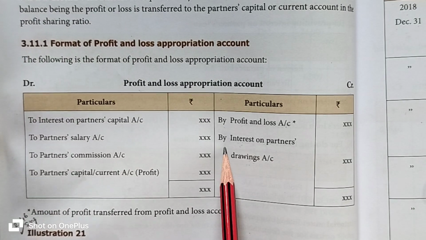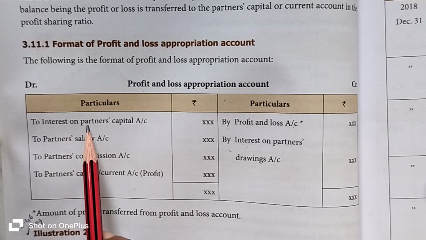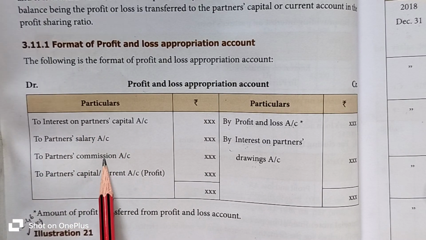on the credit side. Then come to the debit side: to interest on partners' capital, to partners' salary, to partners' commission.